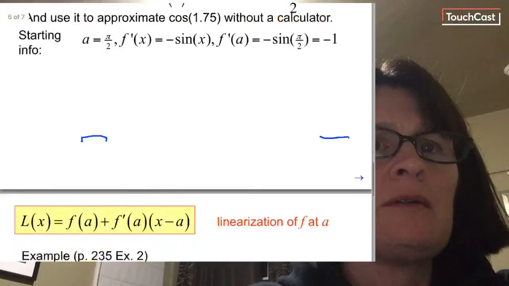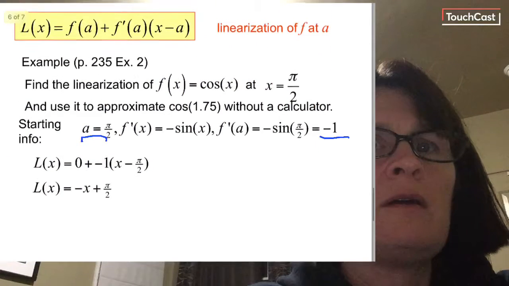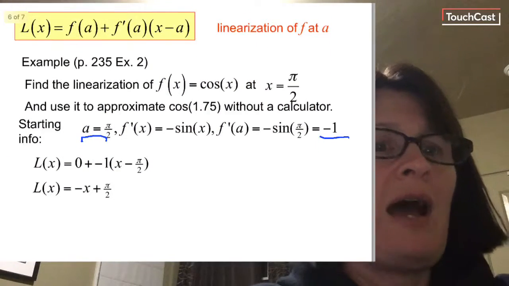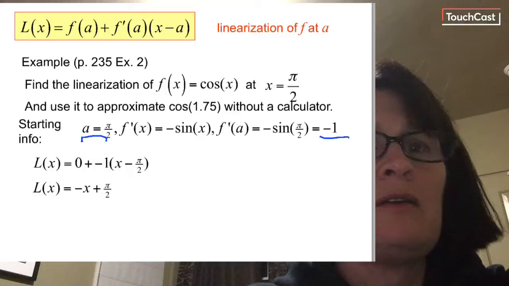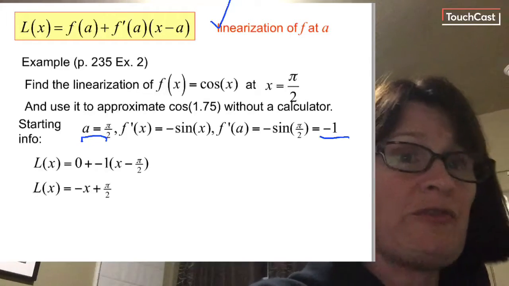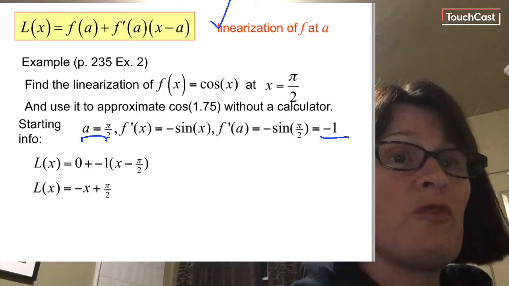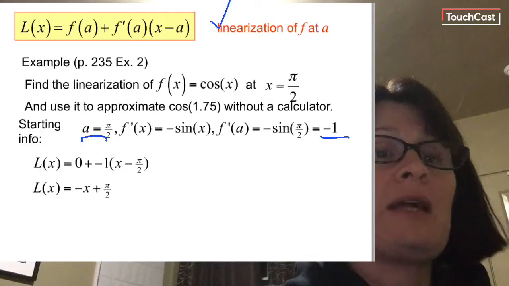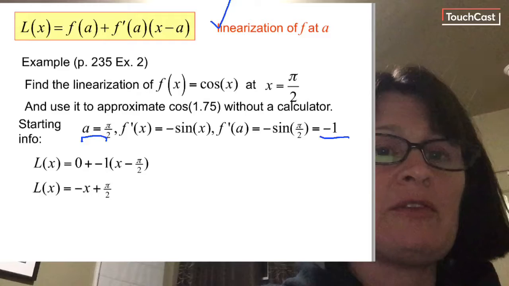Here we go. So I have conveniently provided this up here. If you didn't remember that, which is fine, you could just go back to point slope form for the equation of a line. I'll do it without even looking at that.